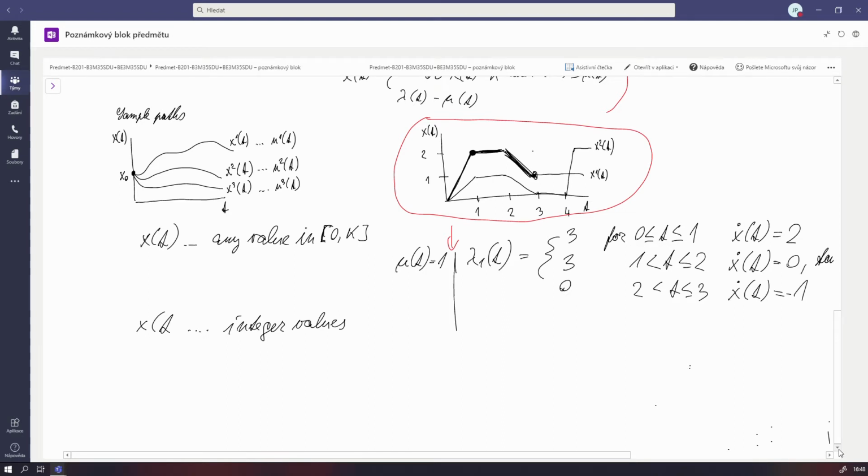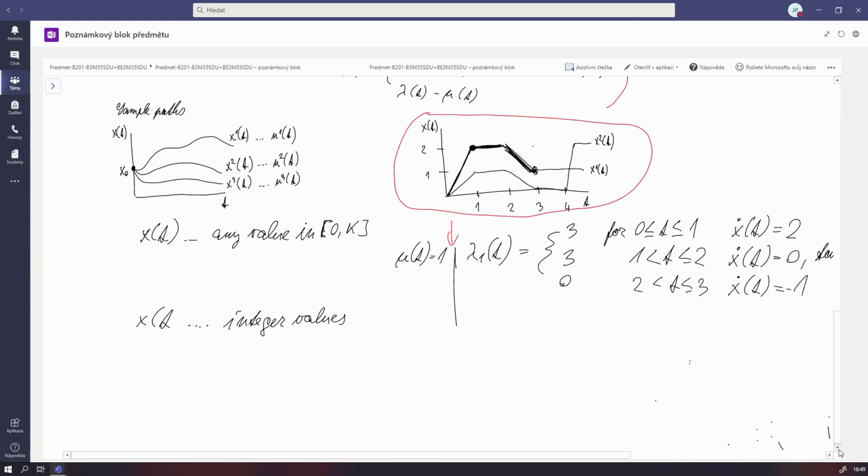And from 3 to 4, or we can say that it continues further here, so it's not limited by 4, so we can say that t is greater than 3.